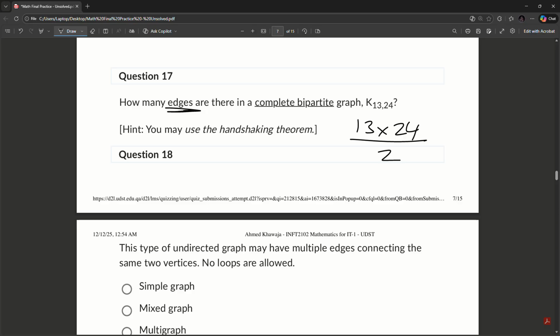Yeah, so it should be 13 times 24 over 2. 13 times 24 divided by 2, which is 156. And the reason why it's 156 is because it says edges. It's a two-way edge, right? One here, one back.